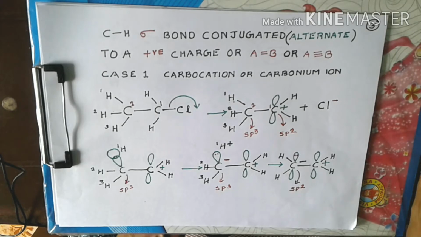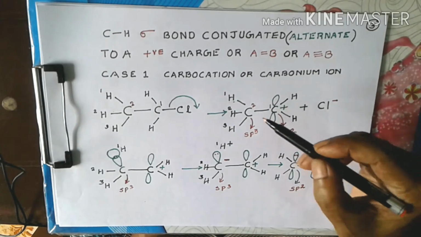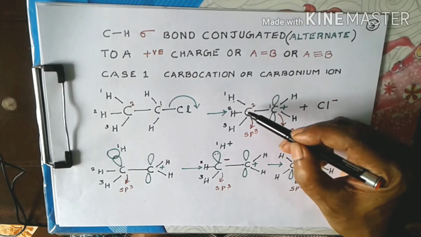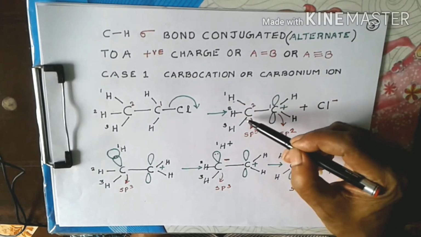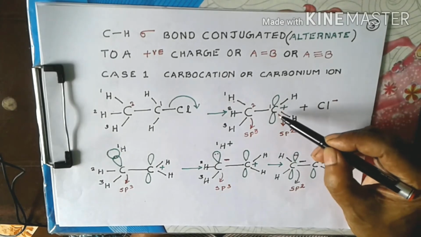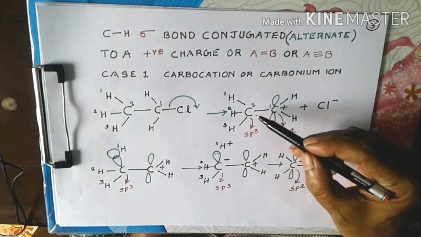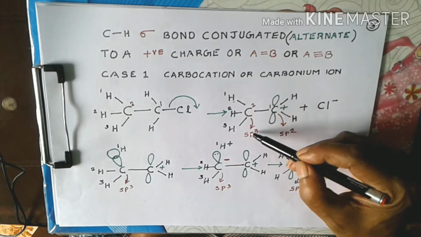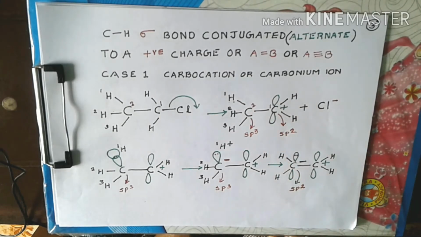Now, this positive charge is alternate to this C-H bond and this C-H sigma bond. The positive carbon is sp2 hybridized, while carbon 2 is sp3 hybridized.